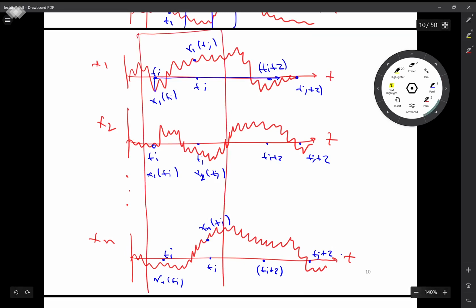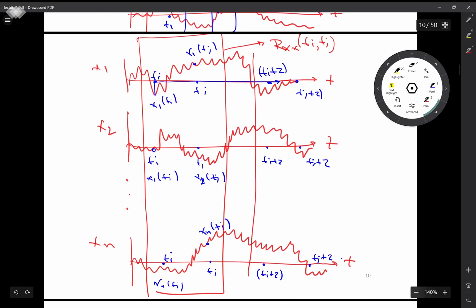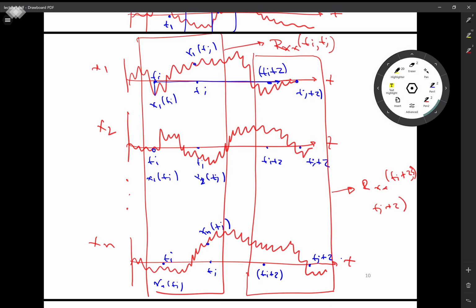You calculate the autocorrelation, and you get Rxx ti comma tj, right? And here also, after shifting, you calculate the autocorrelation Rxx ti plus tau comma tj plus tau, right?